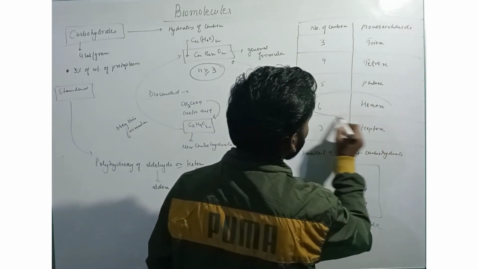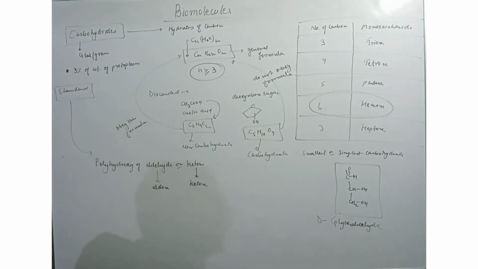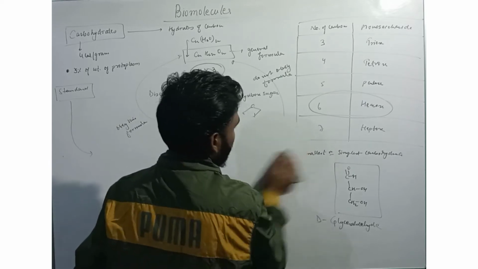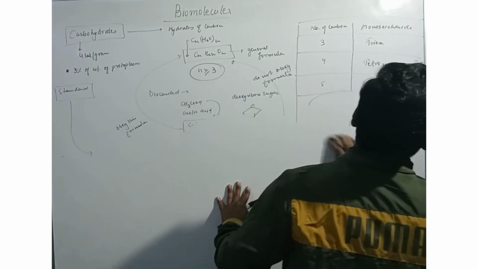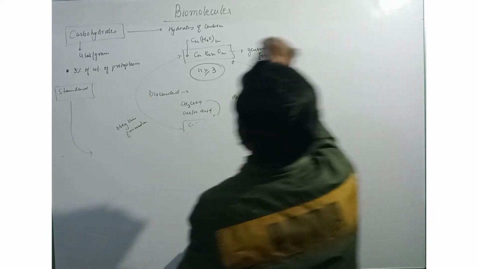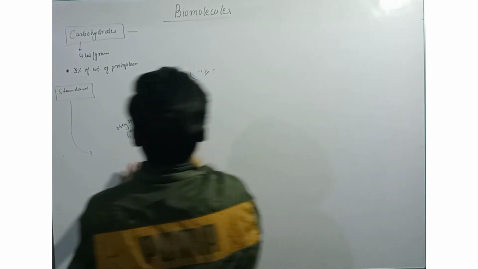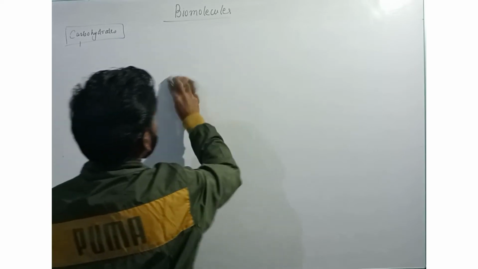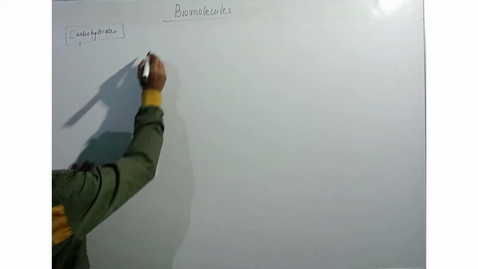Now we will talk about a hexose, that is a 6 carbon compound monosaccharide.